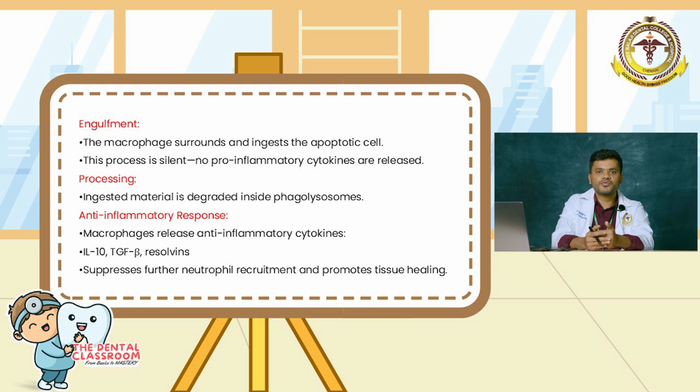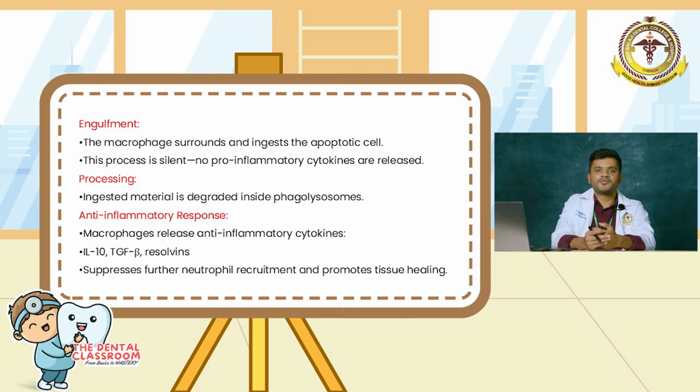So neutrophils cannot kill the bacteria in the case of periodontitis. What happens in periodontitis is that the bacteria keep on multiplying, so the neutrophils cannot do their function properly.